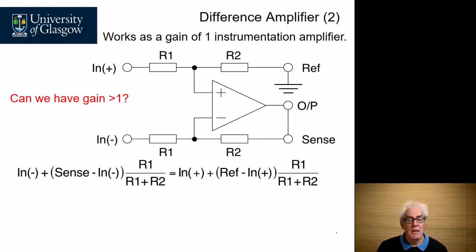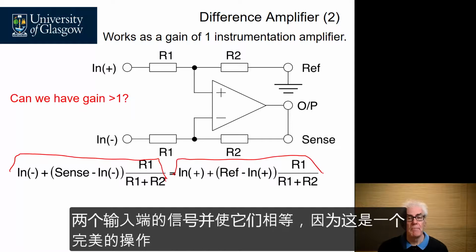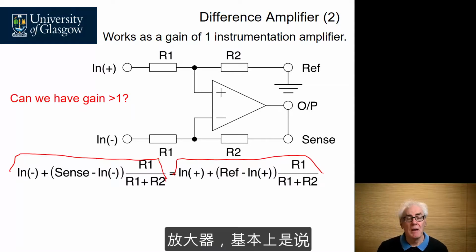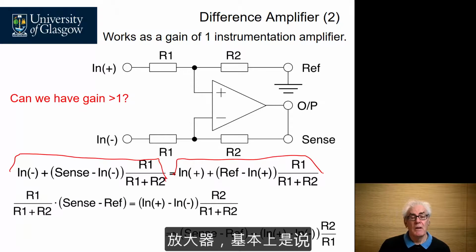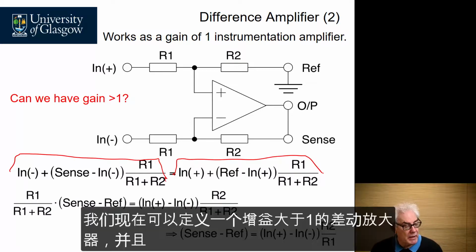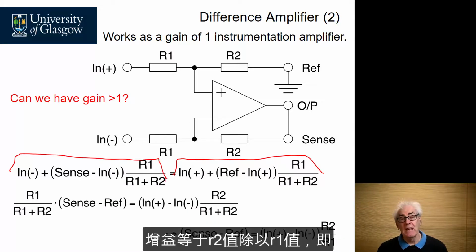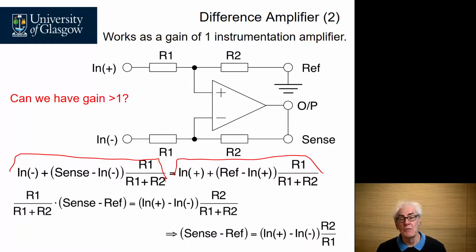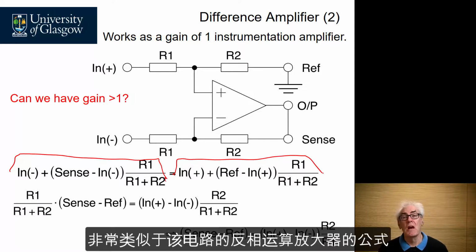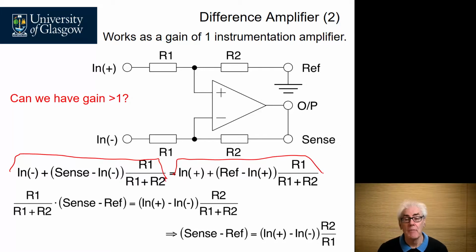Doing a similar analysis as before, we can calculate the signals at both inputs, make them equal because it's a perfect op-amp, and that lands up defining a difference amplifier with a gain greater than 1, where the gain is equal to R2 divided by R1, which is very similar to the equation for an inverting op-amp.